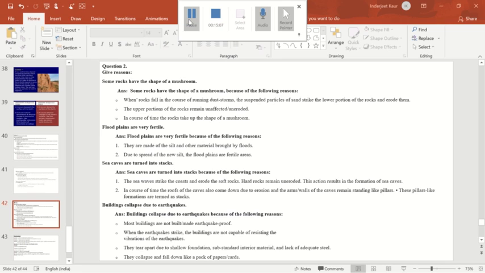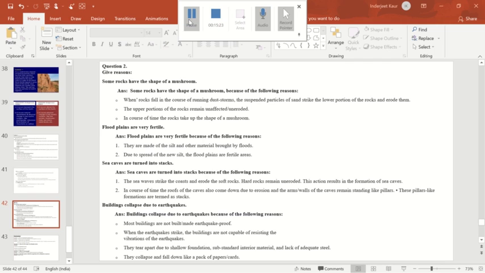First of all, most buildings are not made according to earthquake-proof standards, meaning they are not built to absorb the shock of the earthquake.